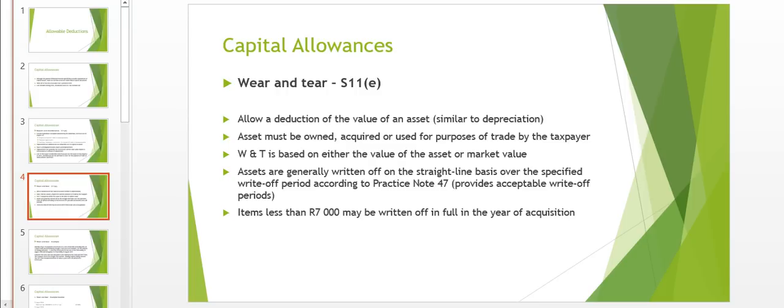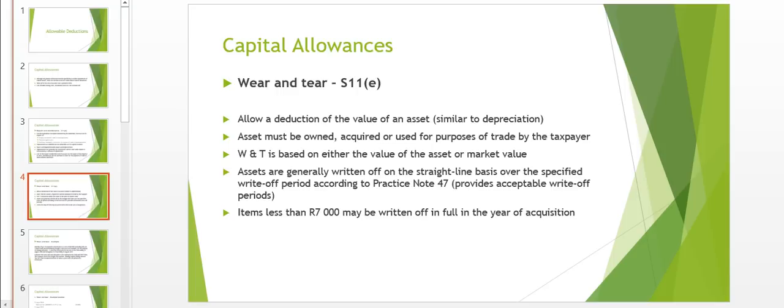And also very importantly, you need to apportion the wear and tear allowance according to the part of the year in which it was owned. For example, if you bought a vehicle 1 month before the tax year end, that means you owned that vehicle for 1 month during the current year of assessment.